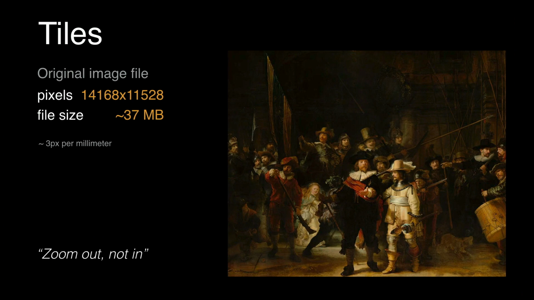And what's interesting about this is, this is 14,000 pixels wide. My phone is 1125 pixels wide. So I can't display this original image on my phone, but also a 5K display can't display this image. I think even a 10K display couldn't display this image.